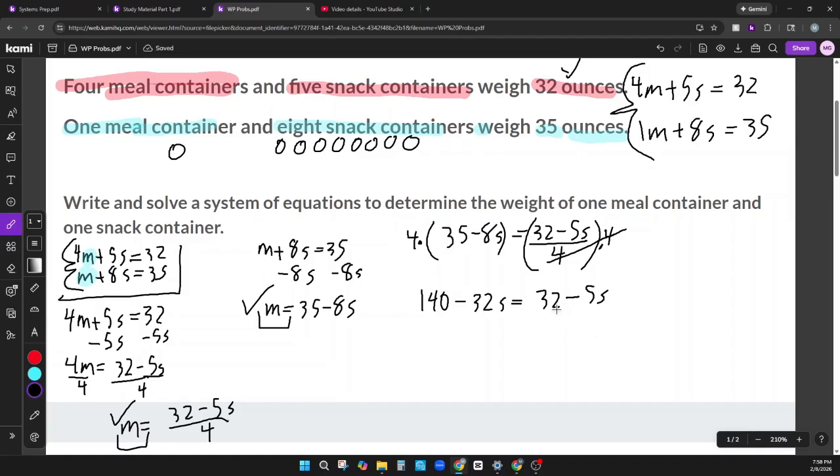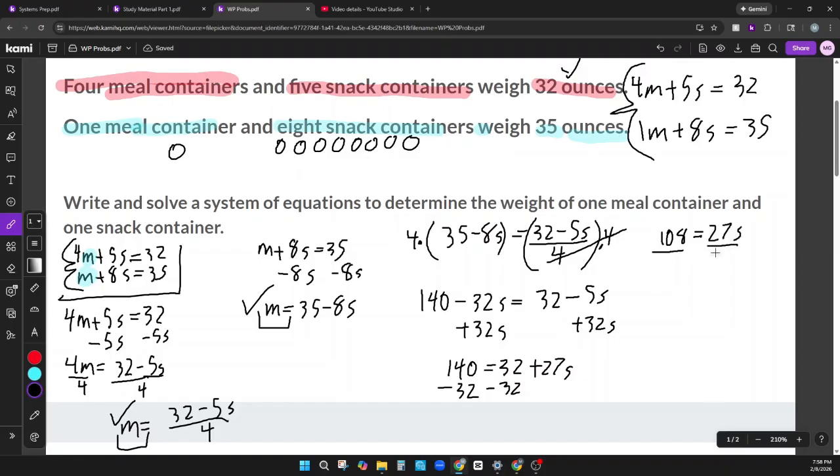So with that being said, I'm going to go ahead and try and solve for my s. Right now I have two s's, so let me go ahead and move this minus 5s by adding 32s to both sides. And I'm going to get 140 is equal to 32 plus 27s. And if I minus 32, I'm going to get 108 is equal to 27s.